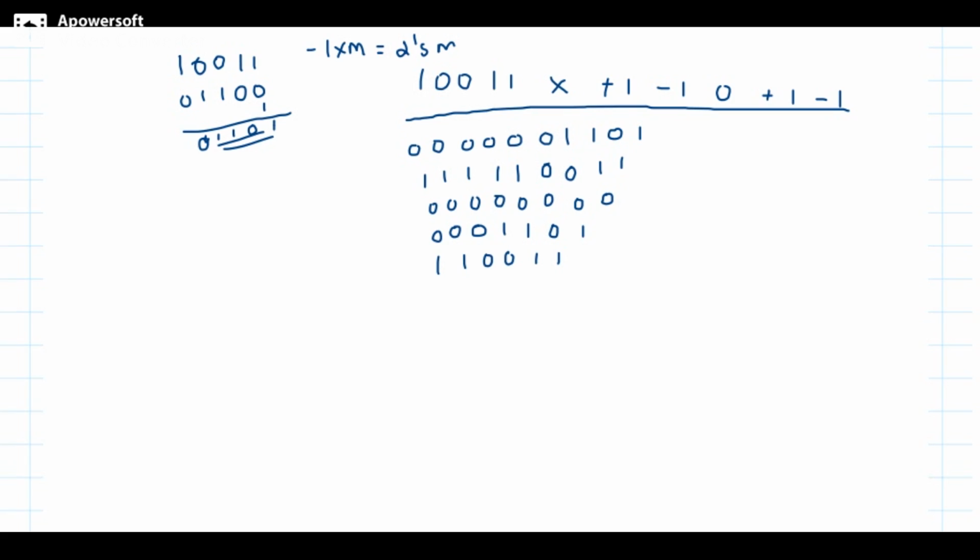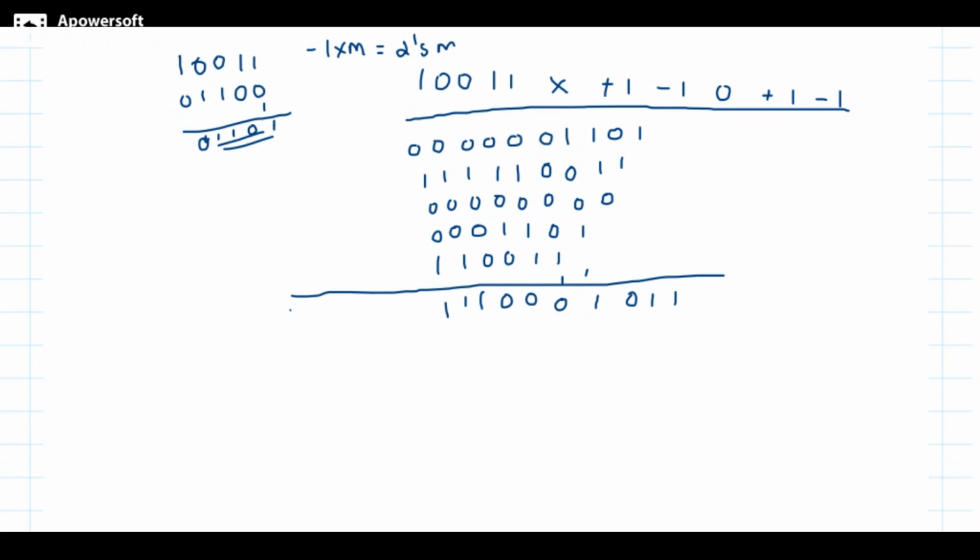So now we have to add the partial products. 1 plus 1, 1 plus 1, here it is 1, next is also 1, 1 plus 1 is 0, again carry is 1 here, 1 plus 1 is 3, so that is 1, 1, 0, 0, 0, 1, 1, 1.